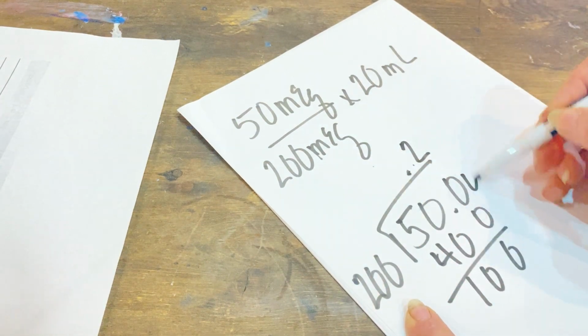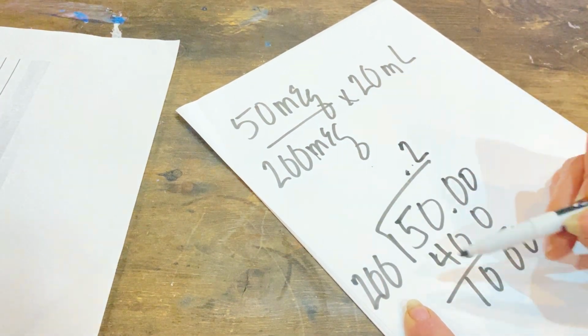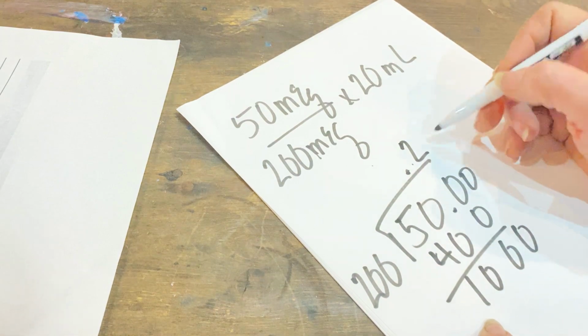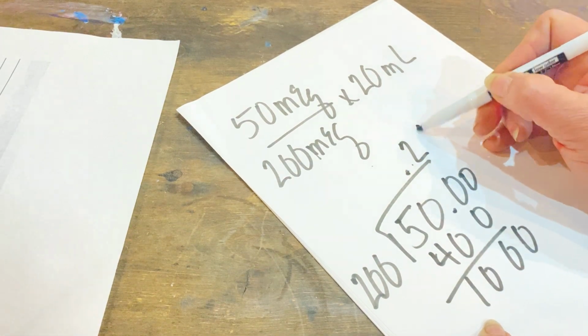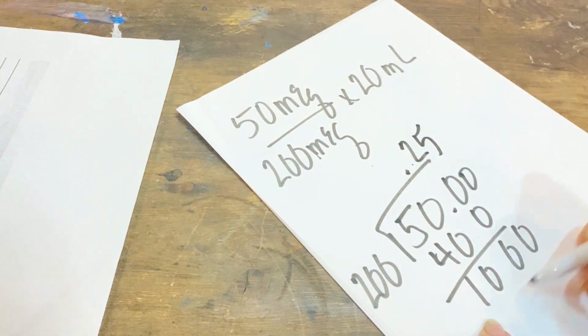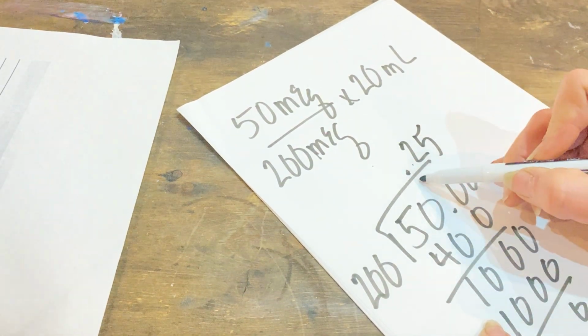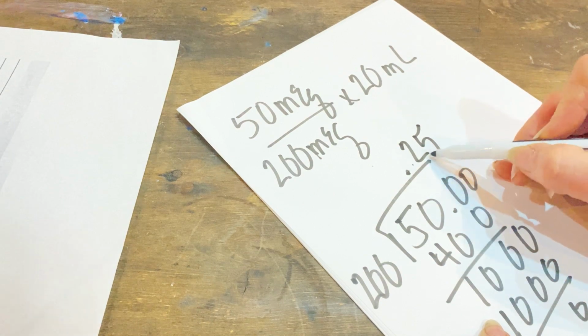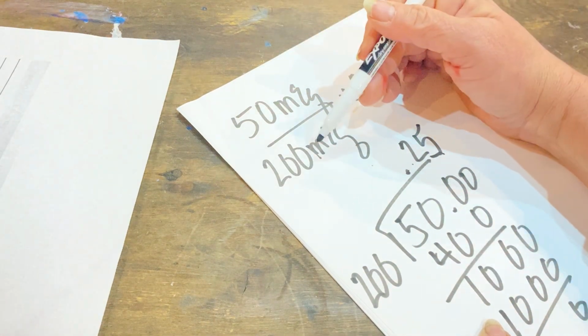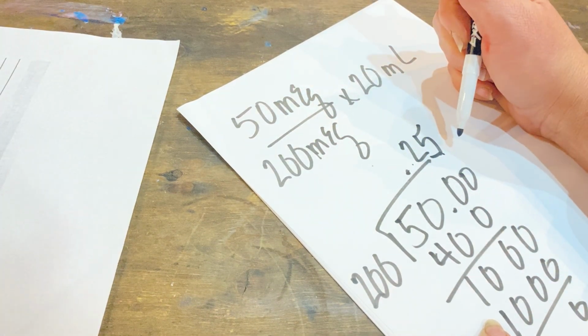And we're going to add a 0. So 200 into 1,000. It'll go 5 times. And that will be 1,000. And so 0.25. That's just completing the math in this fraction, but we are not done.